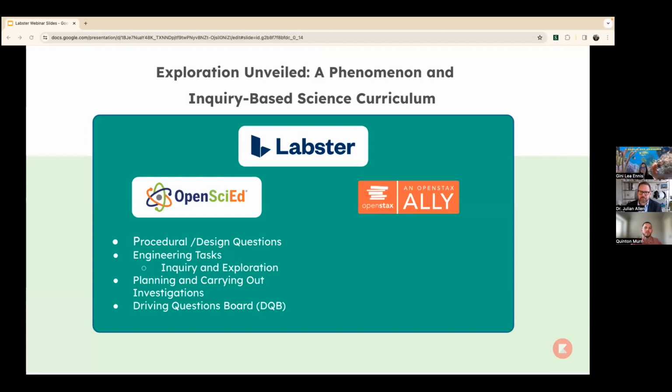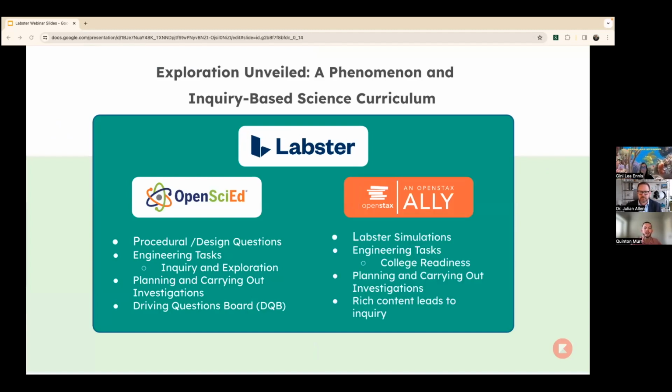So, looking here, we can see the transition from a middle school curriculum to a high school curriculum and what it would really look like. Teachers and the materials need to support students' shift in thinking from "will this work" to "why does this work" in order to address those disciplinary core ideas. And OpenStax understands that scientific knowledge is constantly evolving.